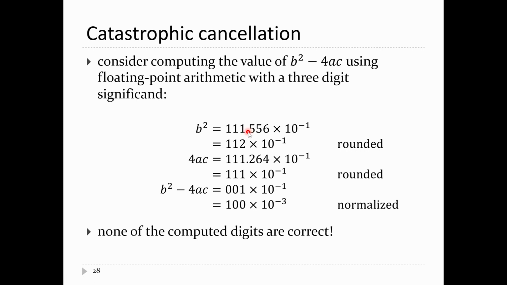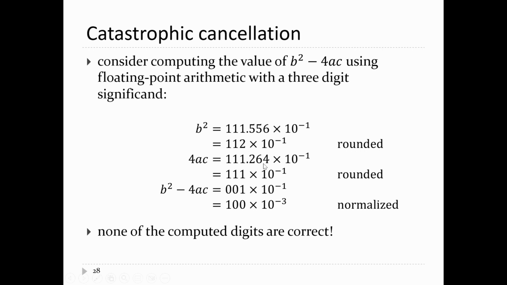So what do I do with this 111556? You could throw away the 556, but I'm going to try to make this as kind as possible to our floating point format, and I'm going to round instead. So I'm going to go to 112 times 10 to the minus 1. 4ac I know is 111264.